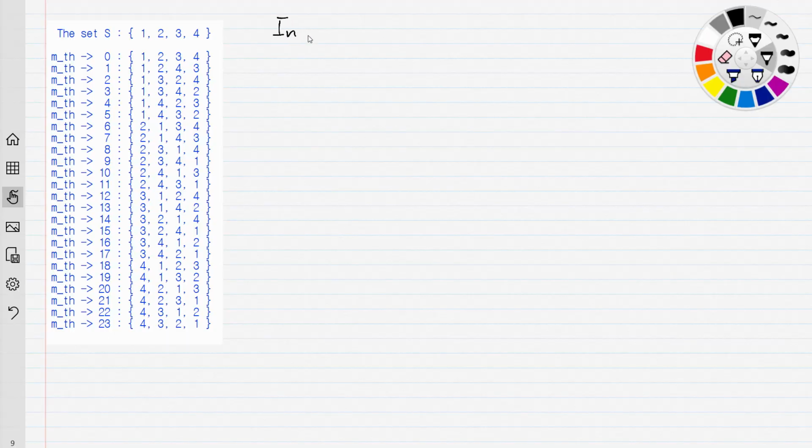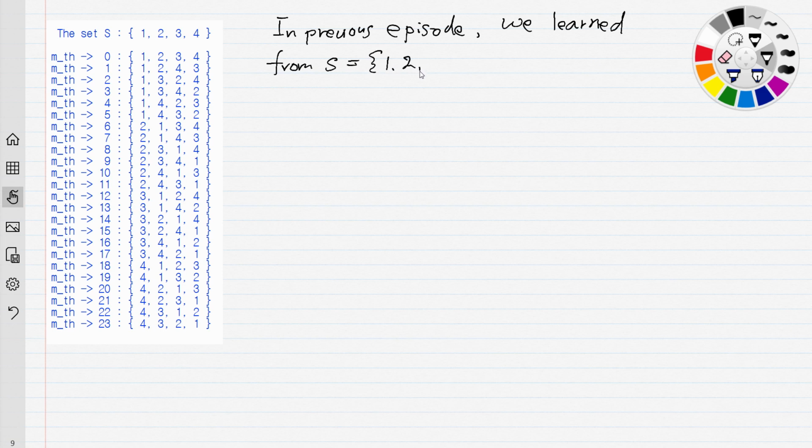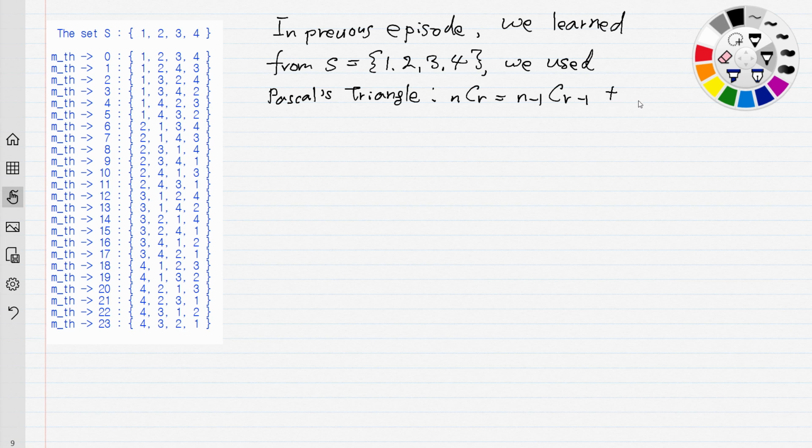In our previous episode, we learned from a set S, 1, 2, 3, 4, we used Pascal's triangle like this: nCr equals n-1 C r-1 plus n-1 C r. Please note that from a set with n elements, we reduced the set to n-1 elements.